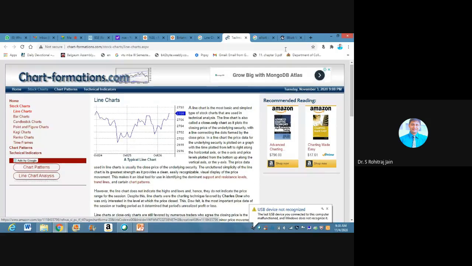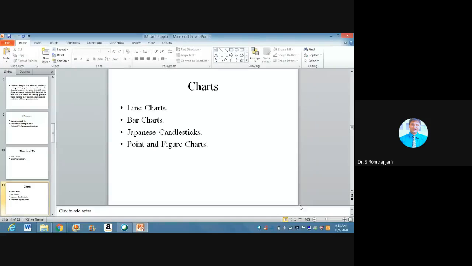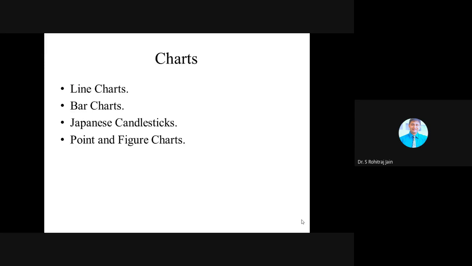We even say that the line chart is the simplest and the easiest way to plot a graph because we use only one parameter here, that is the closing price. It is created by connecting a series of data points together with just a line, correct? So this is the most basic type of chart used in technical analysis.